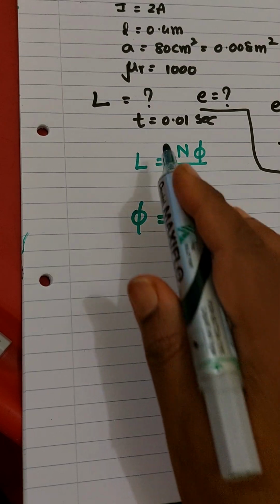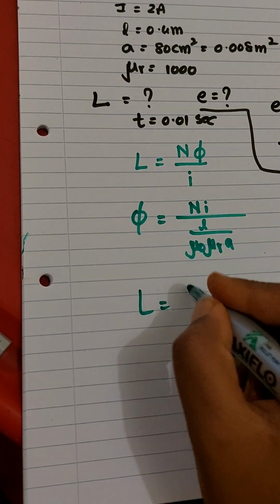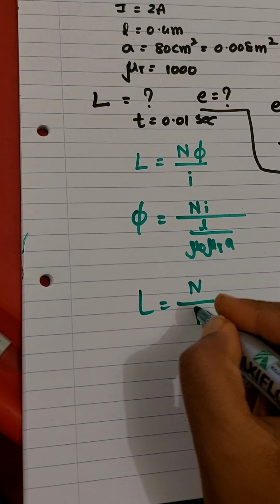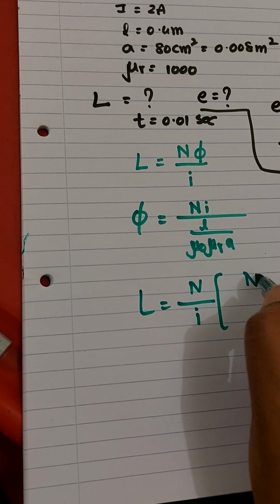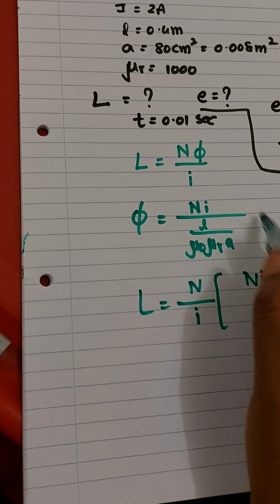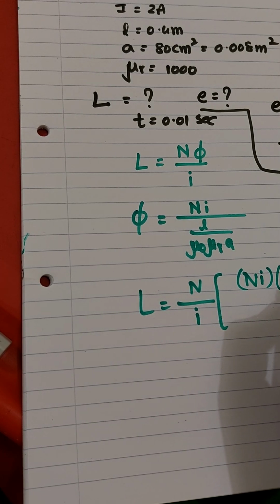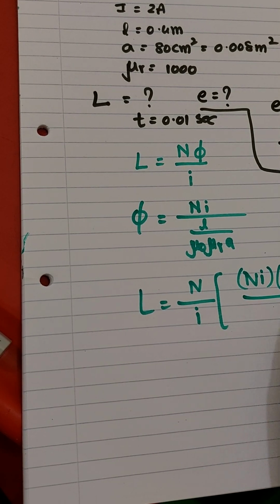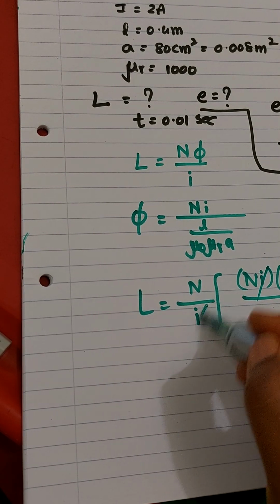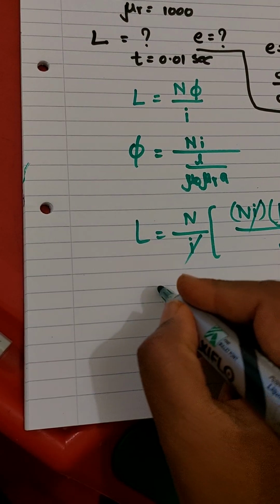According to this, I can say L is equal to N by I multiplied by Ni mu naught mu r A by L. The I cancels, so N square is there.